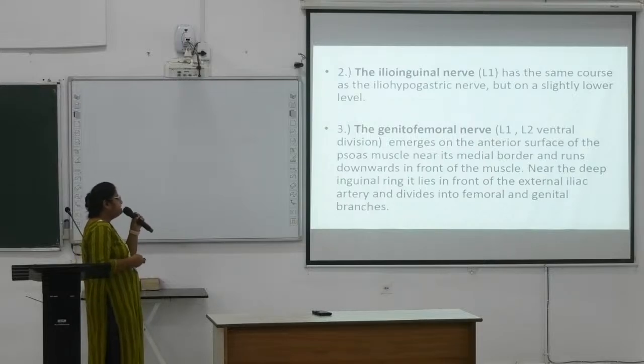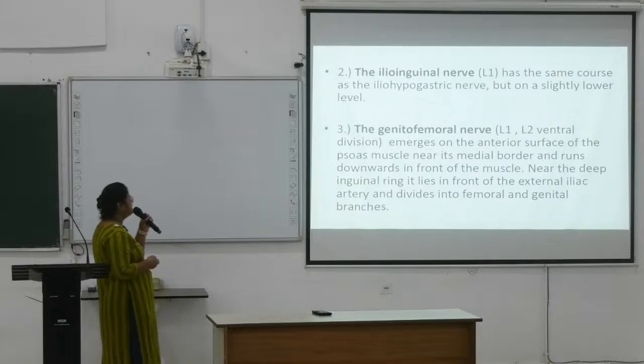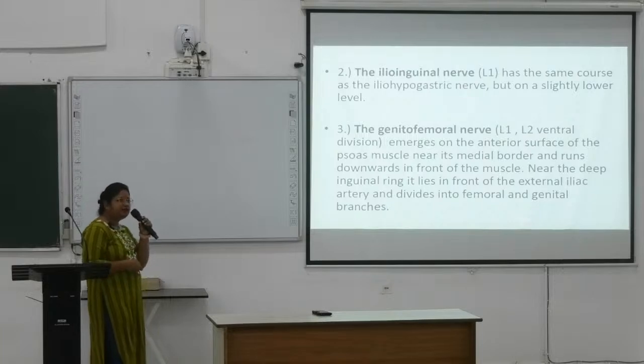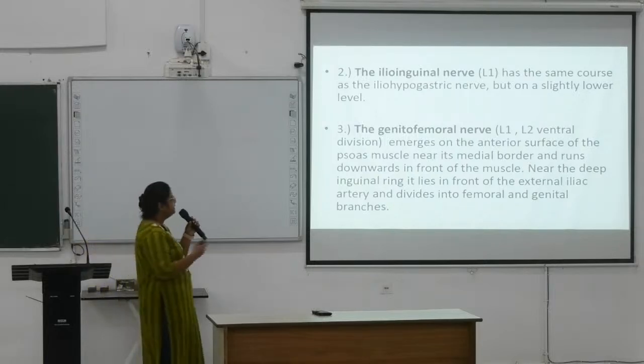Near the deep inguinal ring, it lies in front of the external iliac artery and divides into two branches, femoral and genital. The genital branch of the genitofemoral lies within the spermatic cord, and the femoral branch enters through the lateral compartment of the femoral sheath. You have learned both of these.